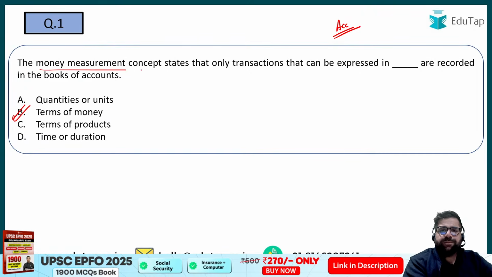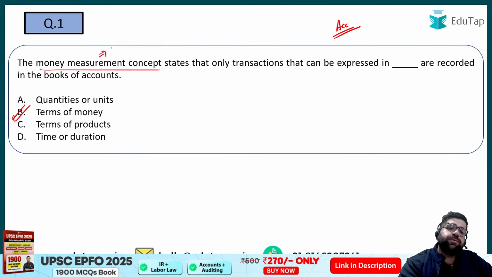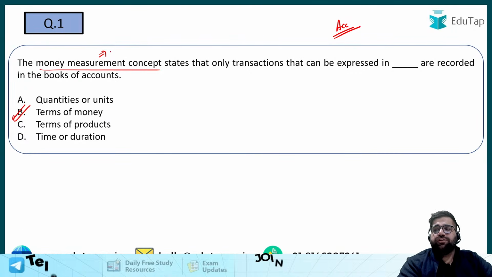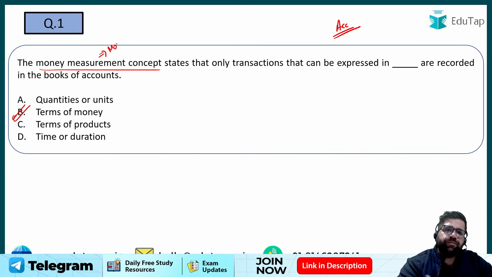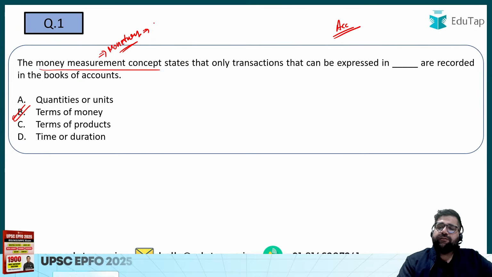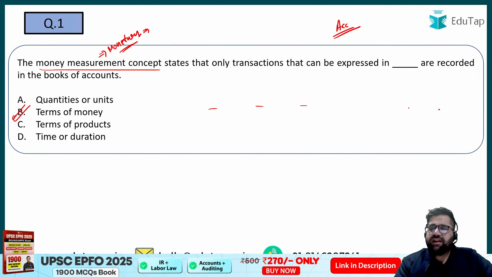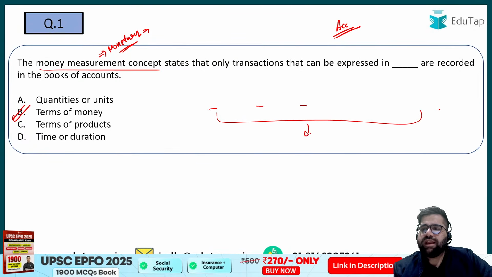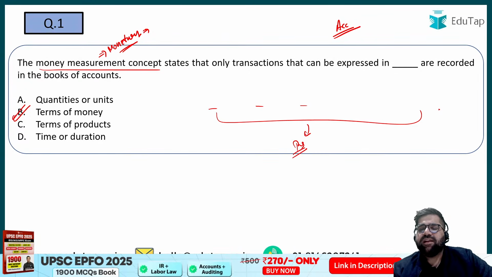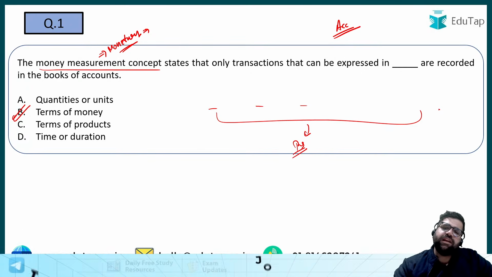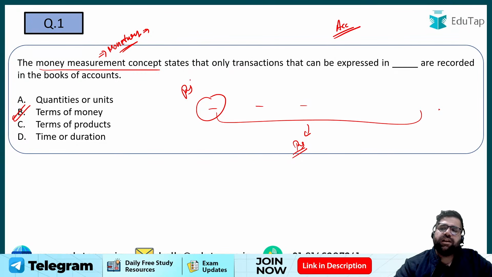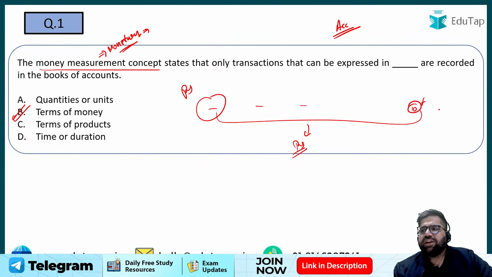Money measurement principle basically says that every transaction should be recorded in a monetary value, and this monetary value should be common for everybody. For example, if I am writing 10 transactions, then these 10 transactions should be recorded in one particular unit. In our case, it's rupees. It should not be like the first transaction I recorded in rupees and the 10th transaction I'm recording in dollars.